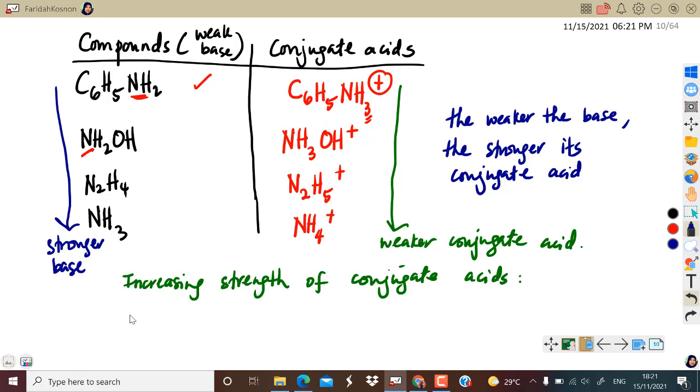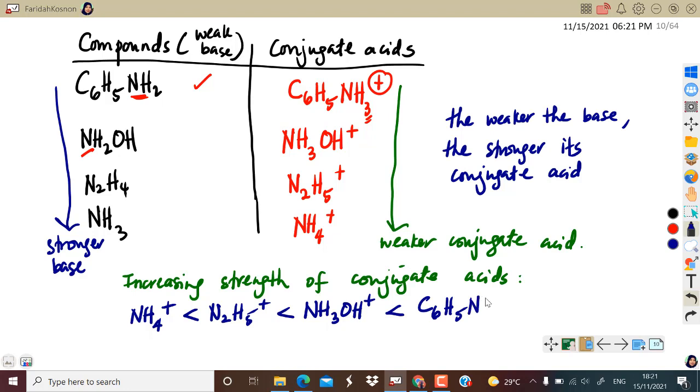Daripada yang paling lemah lah. Ammonium ion NH4 plus is weaker than N2H5 plus is weaker than NH3OH plus, and the strongest goes to C6H5NH3 plus.